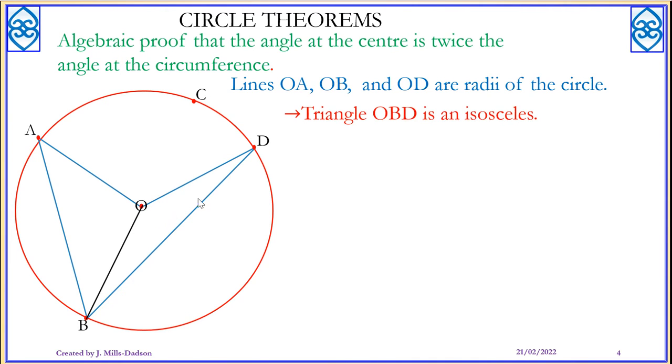So that means that we're going to have triangle OBD as isosceles because they have 2 radii, and therefore the base angle here must be equal. So I want to call it x. In a similar vein, you realize that triangle OBA is also isosceles, but the base angle must be the same as well, but the size must not be the same as x, so I'm going to call it y.